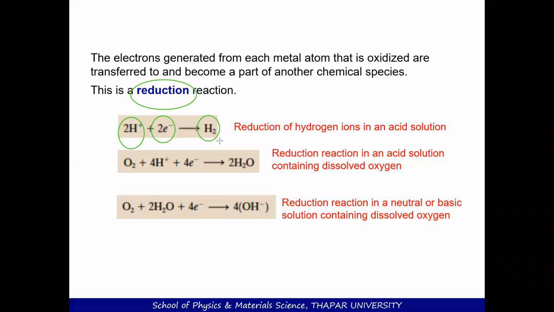Likewise, in the presence of oxygen, 4H plus can accept 4 electrons, and in the process it produces 2 molecules of water. So both these examples represent the reduction reaction of the hydrogen ion.